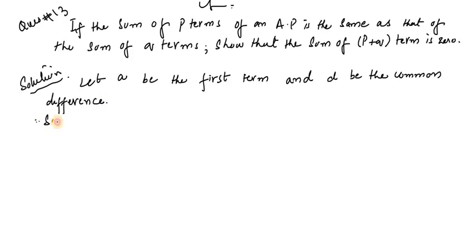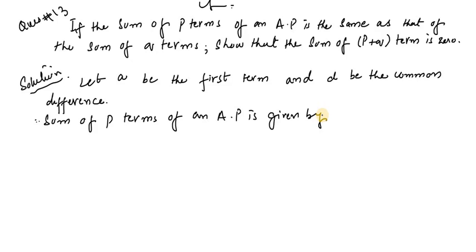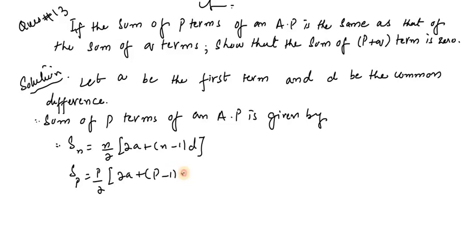So the sum of p terms of an arithmetic progression is given by, we know that the sum of n terms is equal to n upon 2 times 2a plus n minus 1 of d. So the sum of p terms, Sp, is equal to p upon 2 times 2a plus p minus 1 of d.